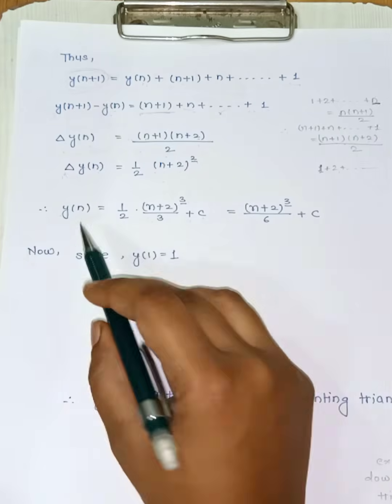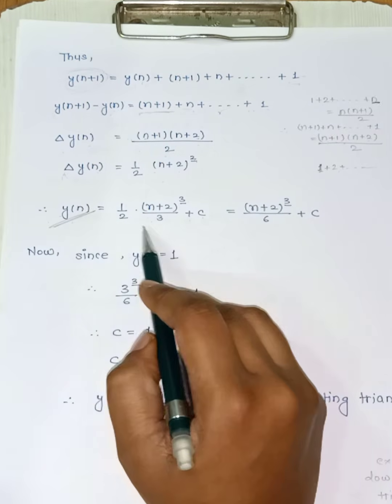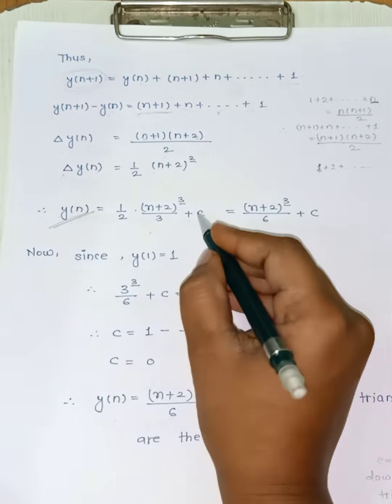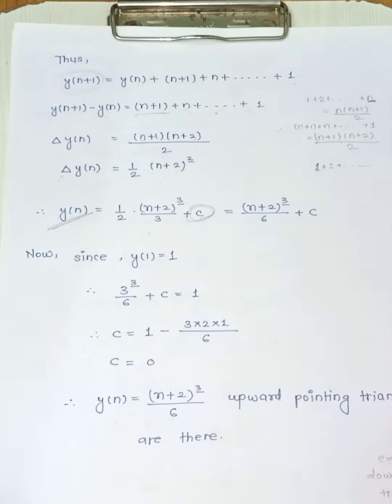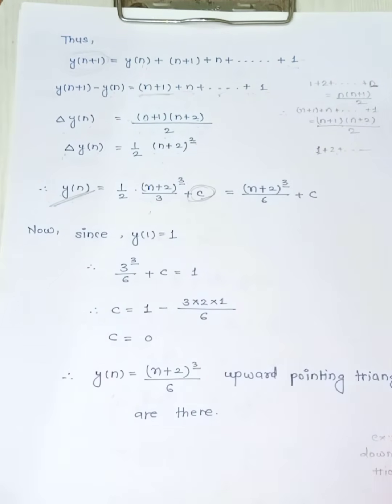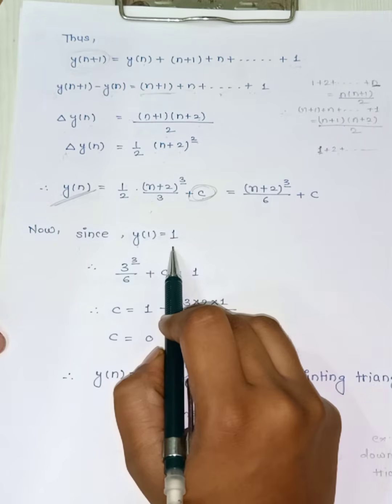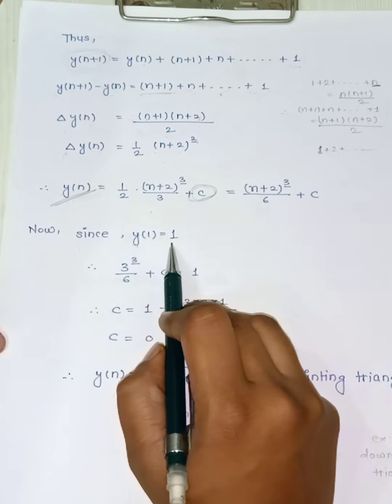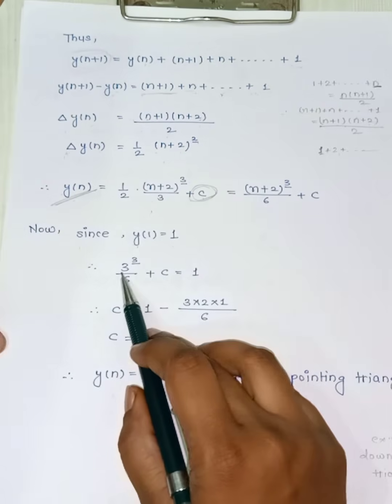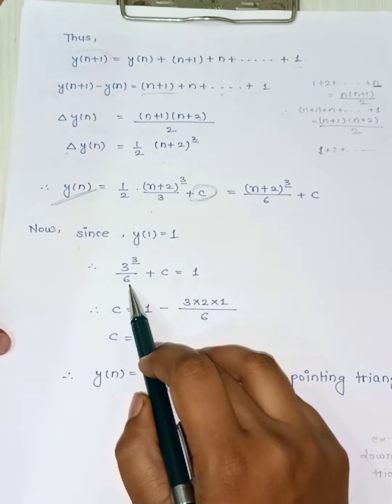So we are getting y of n as this, but we need to find the value of c for the number of upward pointing triangles. Since y of 1 equals 1, correct, y of 1 is 1, therefore 3 to the falling factorial 3 equals 6.